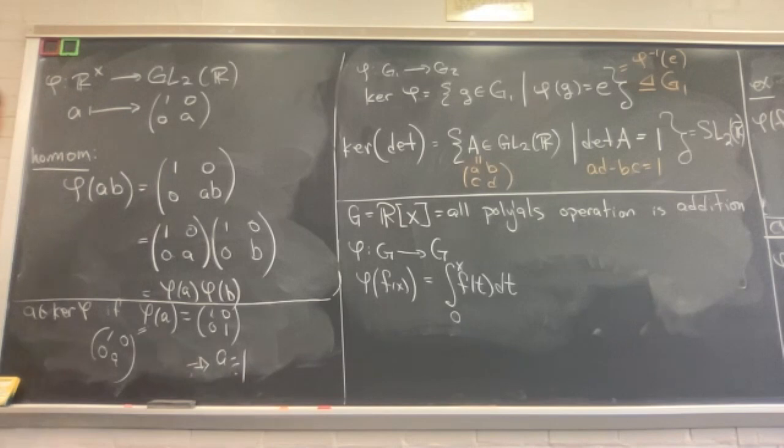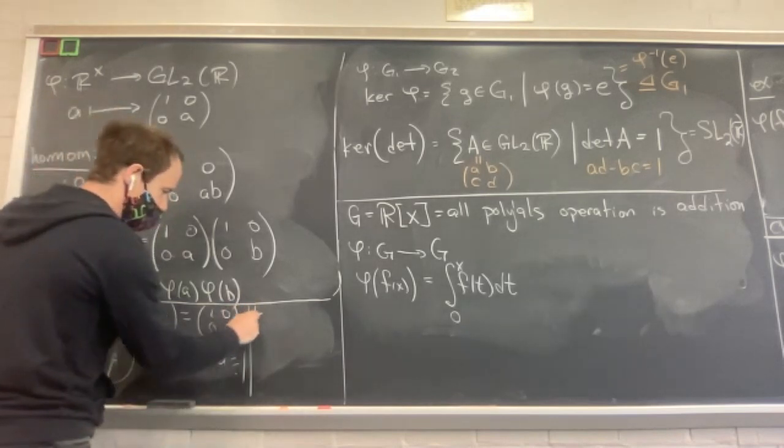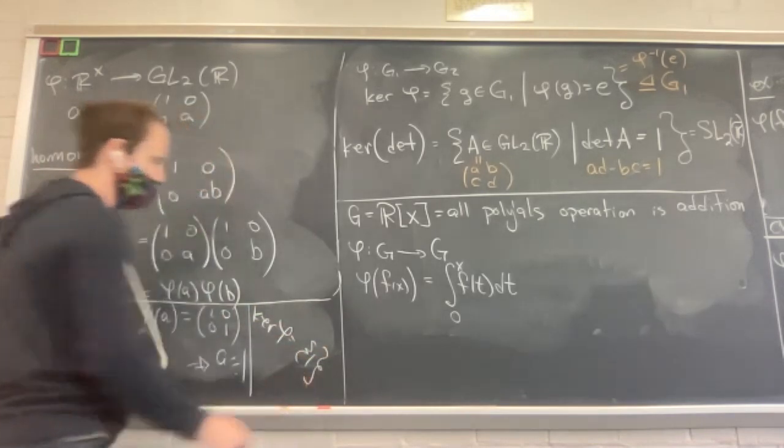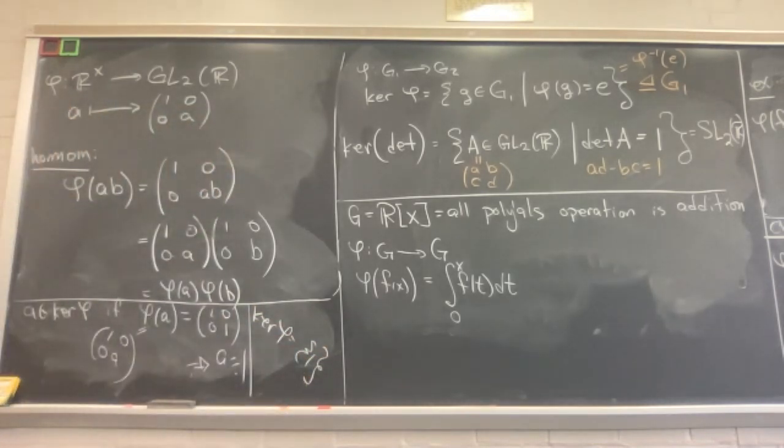In other words, the kernel of phi is only the singleton 1. That's the only way to get a 1 there, is to send a 1 there.